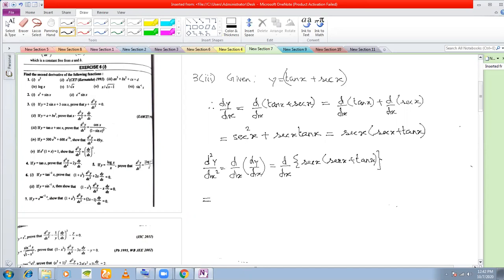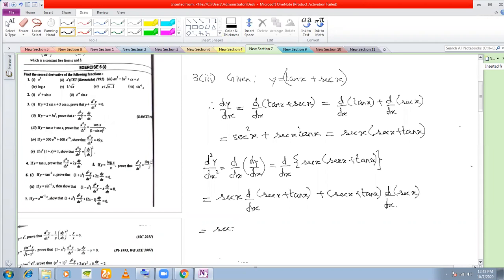Okay, you now differentiate this by the u into v rule. Sec x into d/dx of (sec x plus tan x) plus (sec x plus tan x) into d/dx of sec x. Okay, u into v rule.